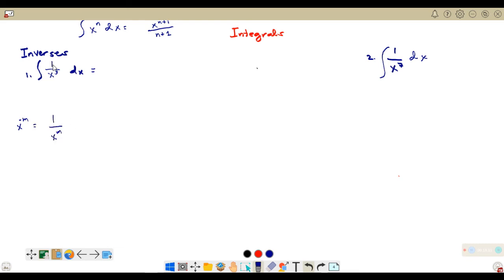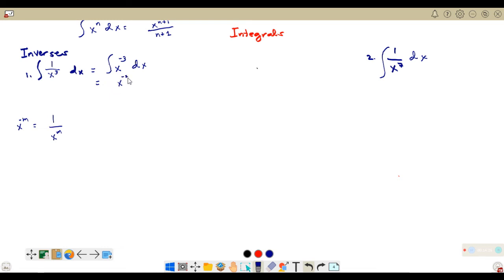So, if we have here 1 over x raised to 3, that is equal to x raised to negative 3. So, we're going to find the integral of x raised to negative 3 dx. Now, let's apply our magic formula, our shorthand method.